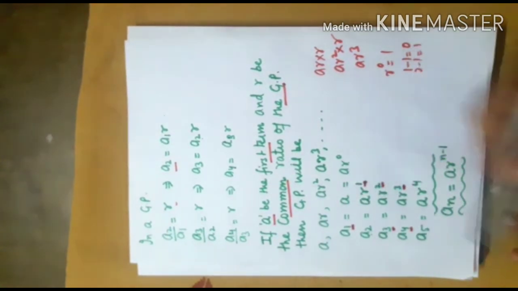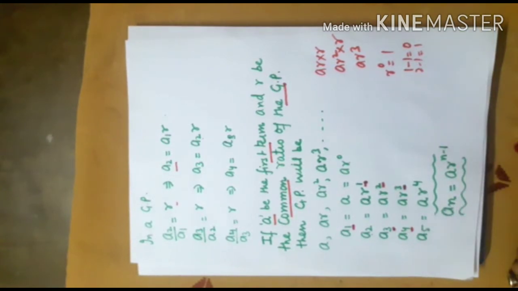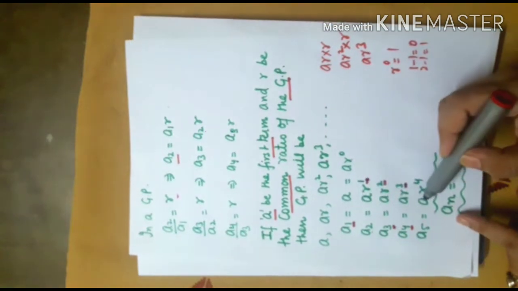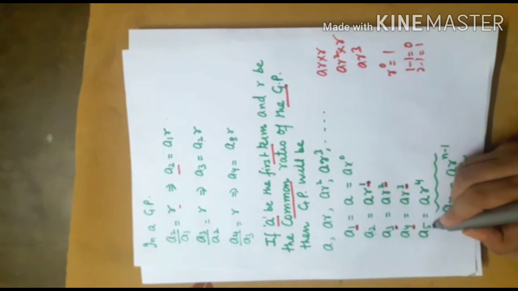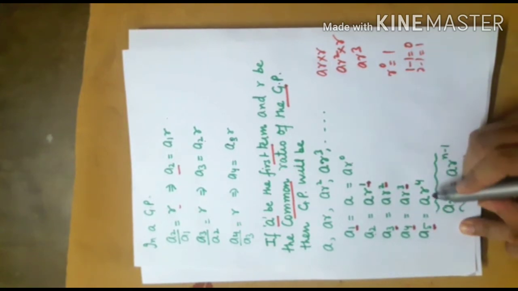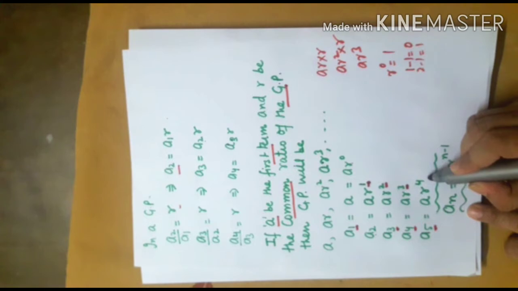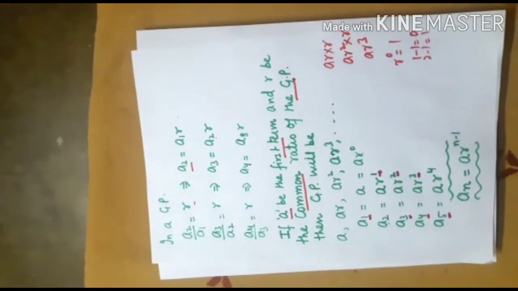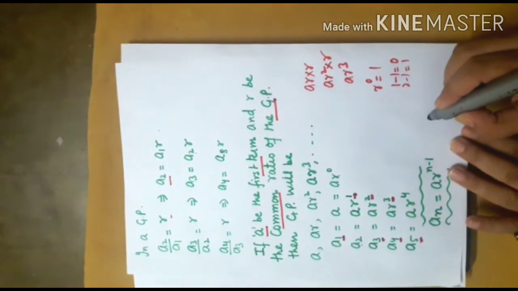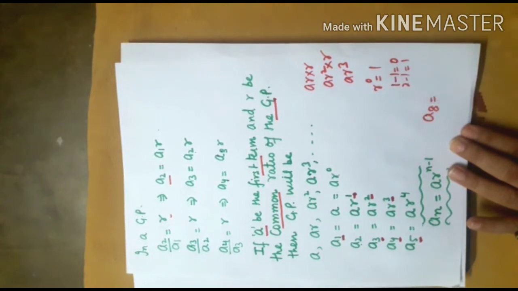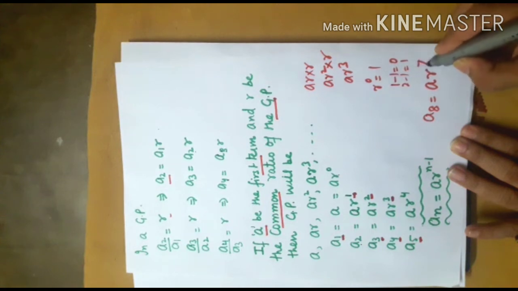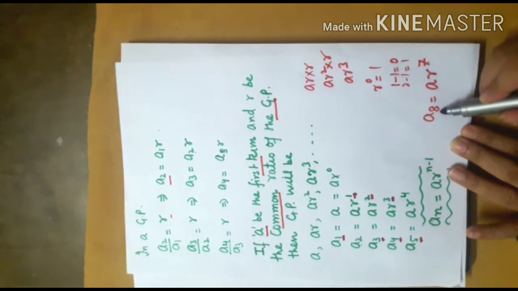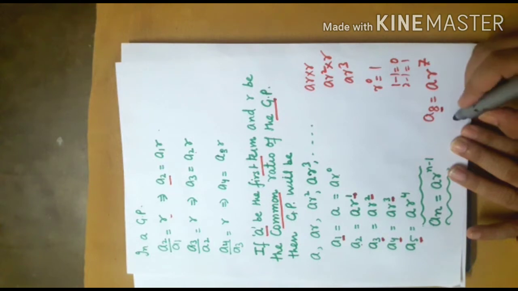So, can you identify the pattern? If I ask you what will be A5, you can see A is everywhere, so I'll write here A, and the exponent of R should be 1 less than 5, that is 4. So I'll get A into R raised to the power 4. Similarly, if I ask you what will be A8, it will be A into R raised to the power 7, 1 less than 8, right?